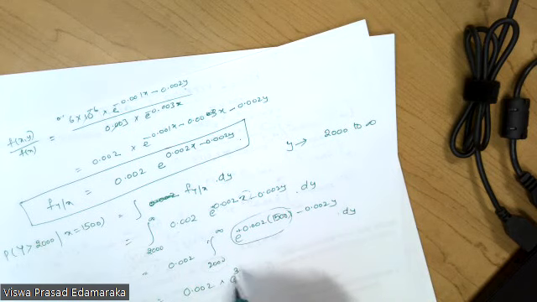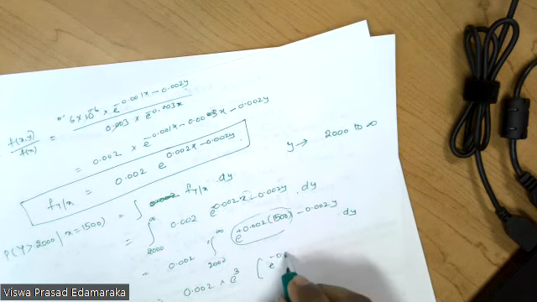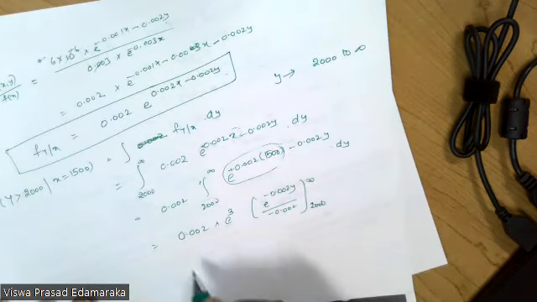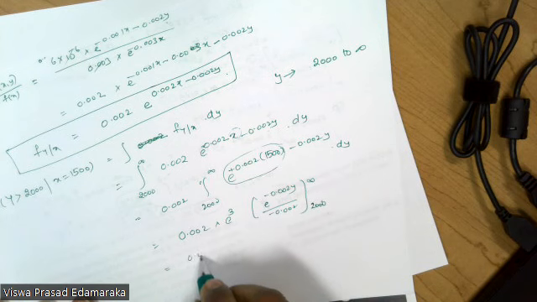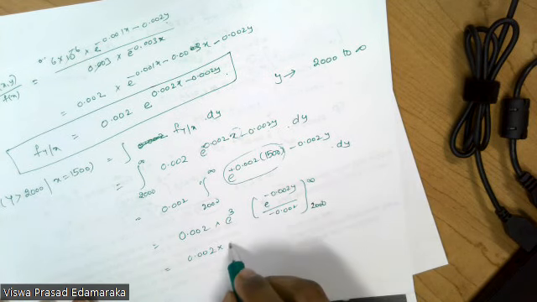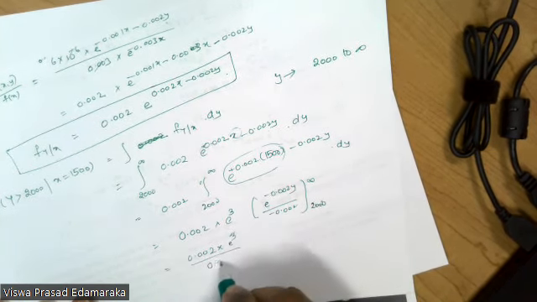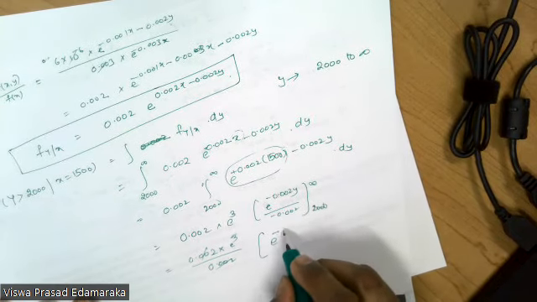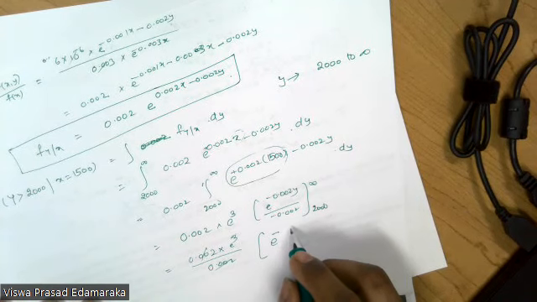Take it out, e power of 3, and integrate e power of minus 0.002y by 0.002 from 2000 to infinity. So substitute, actually this is I think minus 4.